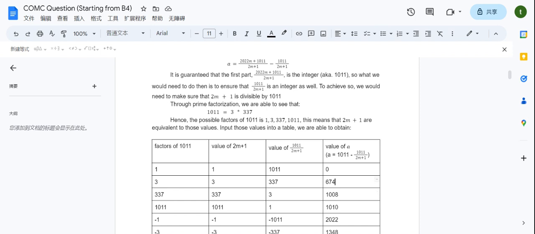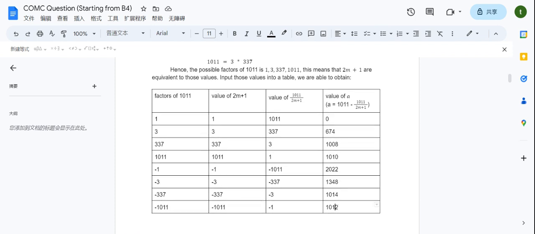However, those are only for positive integers. You also need to be aware that in this scenario we can use negative integers, since the problem only asks for an integer and does not say whether it's positive or negative. So we can do the same thing.